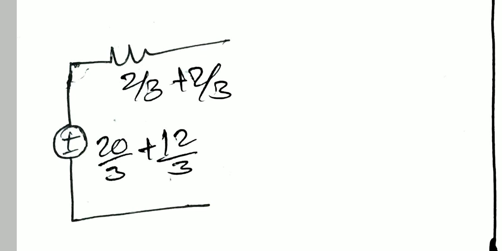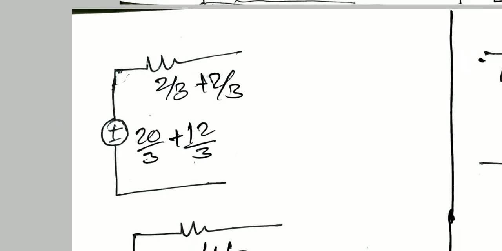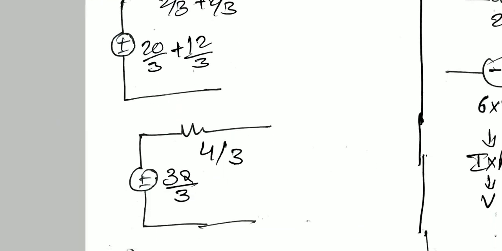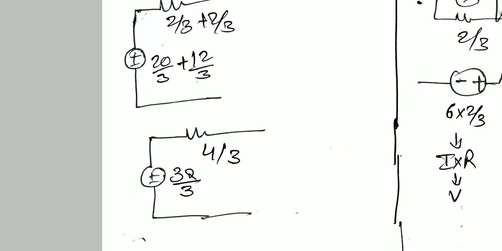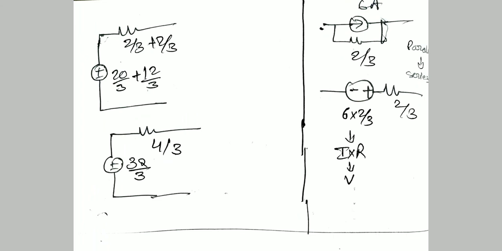So the total voltage source value is now 32 by 3, and the resistance value is 4 by 3. Like this we can convert a given network into a simple voltage source with a resistance in series, so that we can solve further. Thank you.